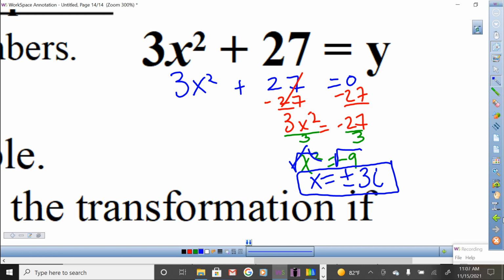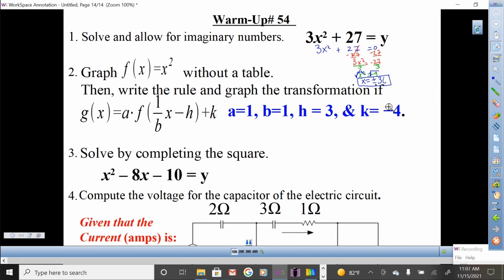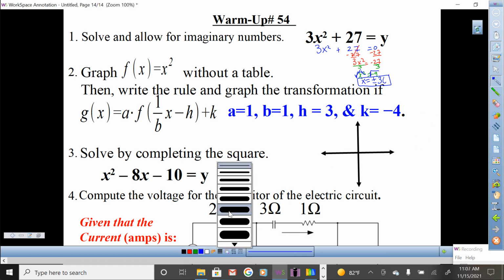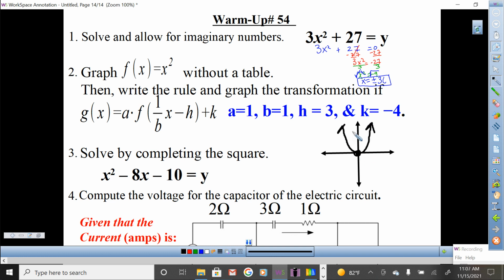Number 2 by now should be a piece of cake, yes? Yes, Mr. Q. Alright, if I graph the original function, which is x squared, my original function always goes through the vertex 0, 0. This is f of x. What's the vertex again? 0, 0.